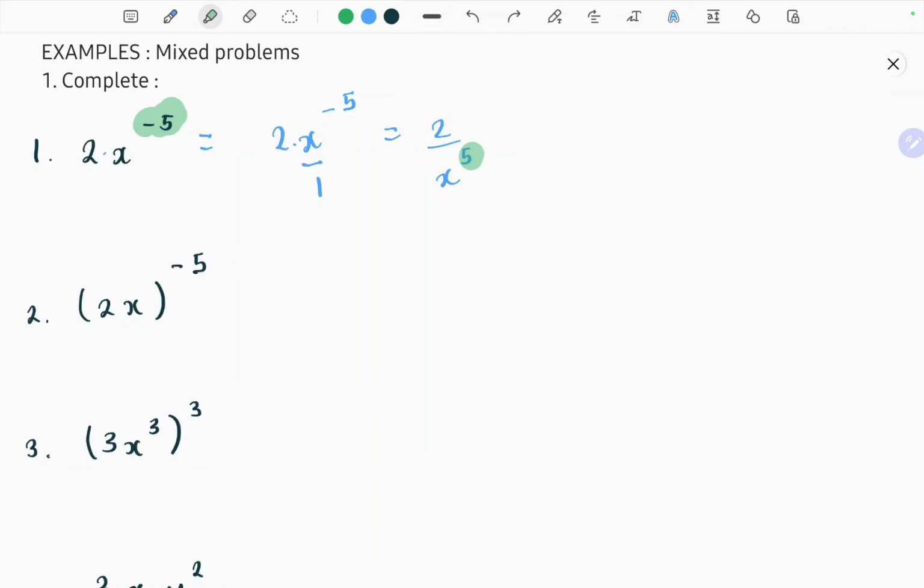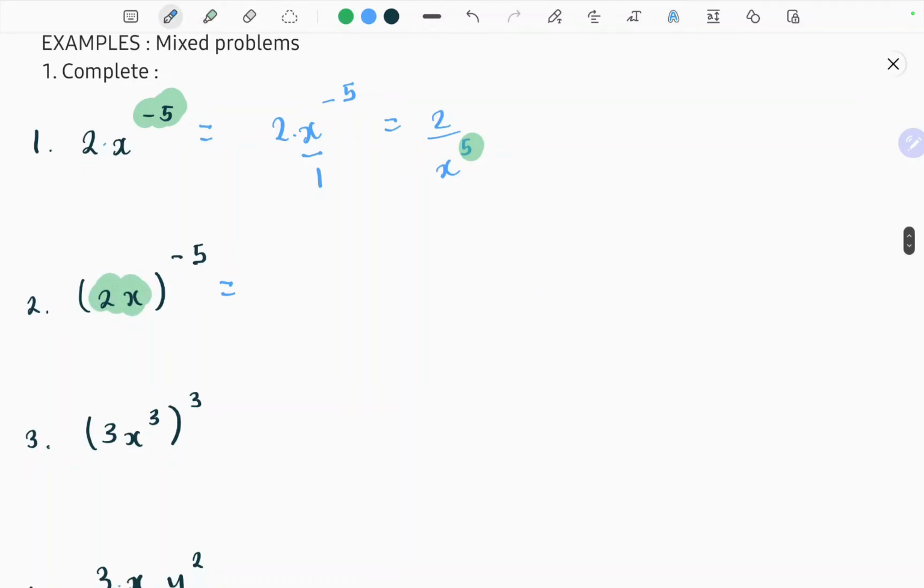So let's have a look at the second one. The second one is a power raised to a power. So whatever term or number or variable is inside the bracket, you need to raise to the power of -5.